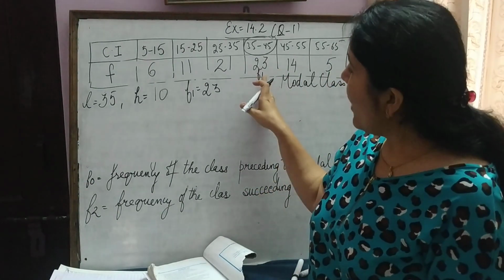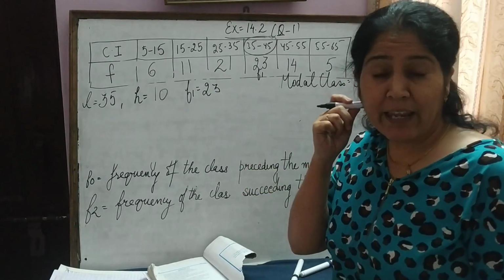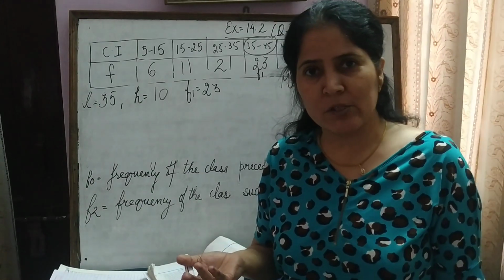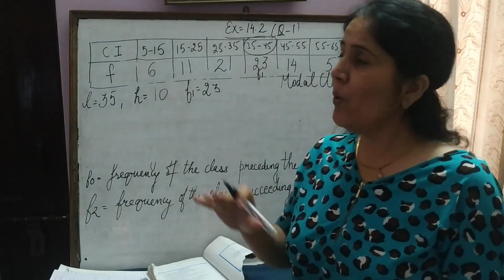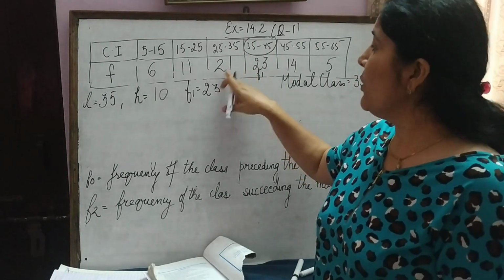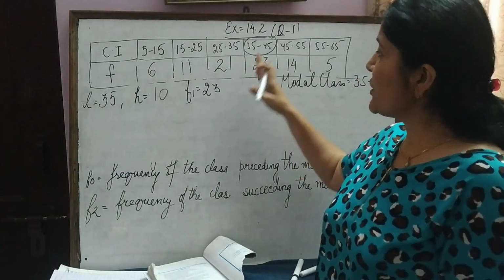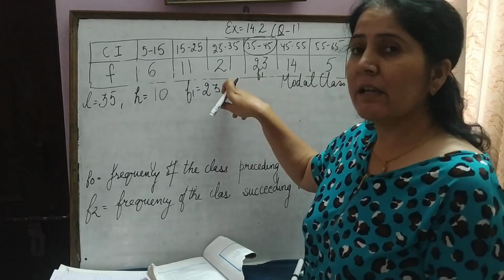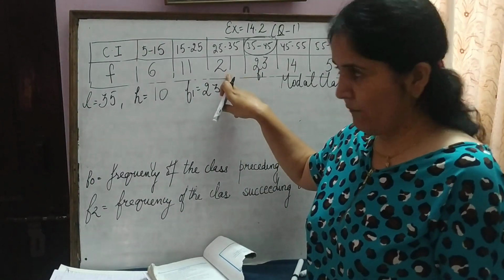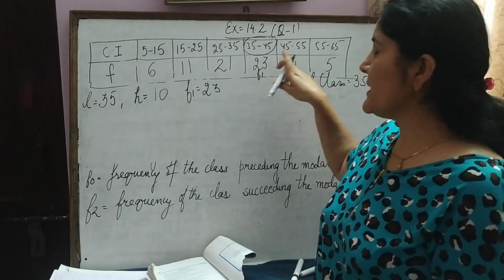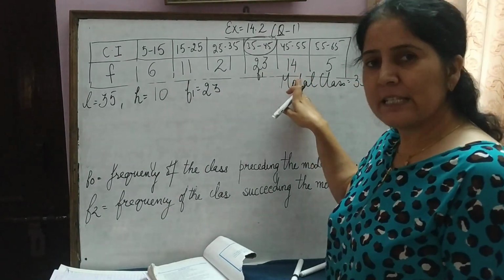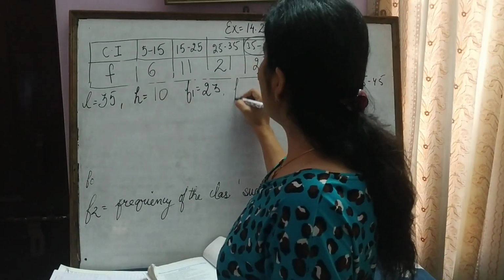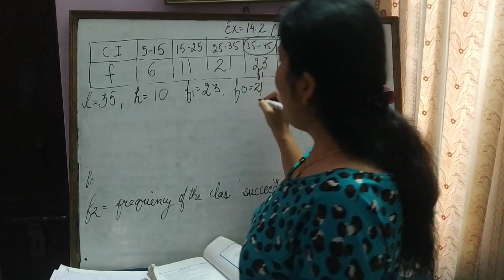I think you have done predecessor and successor in your junior classes also. Predecessor is the value which comes before the value and successor is the value which comes after the value. So this is your frequency f1. Predecessor will be the value before f1, and f2 is the value which will come after this value. So your f0 will be 21.